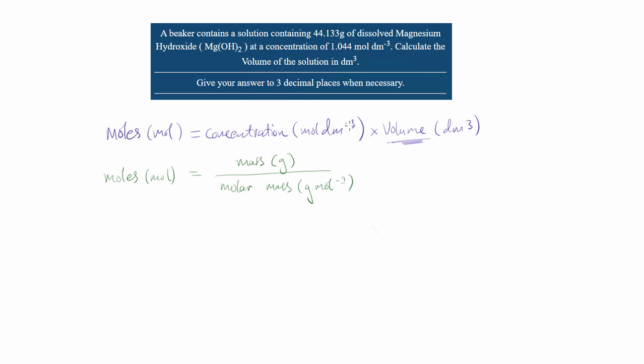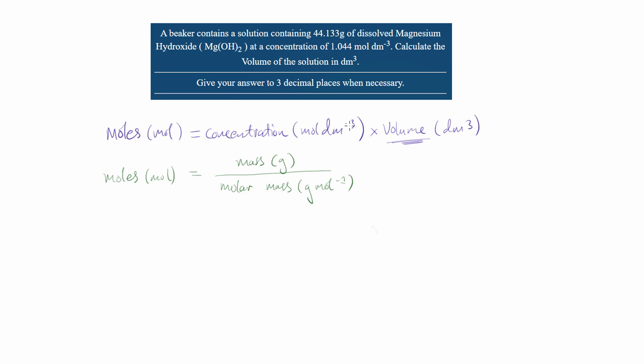Now that we have this, we know that we need the moles for the concentration and volume equation, and from the mass and molar mass equation, we can figure out the moles because we've got the mass and we've got the formula. We can use the periodic table to work that out. Rather than working out the moles and then going to the other equation, what I'm going to do this time is eliminate moles.